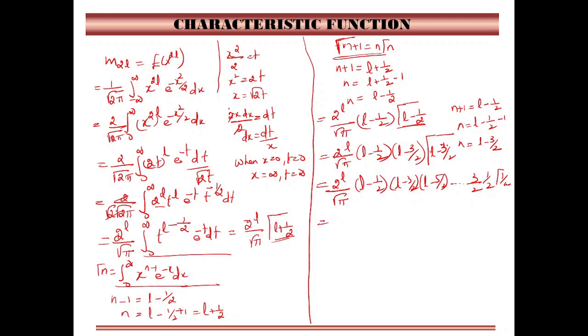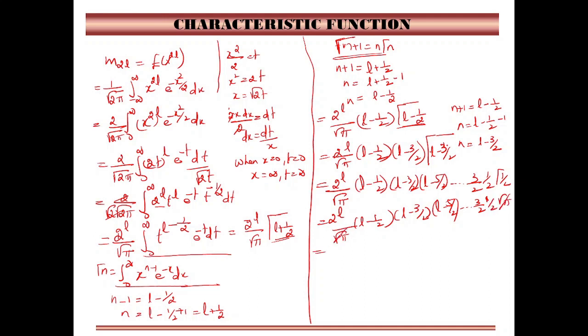This gamma 1 by 2 is root pi. So root pi, l minus 1 by 2, l minus 3 by 2, l minus 5 by 2 and so on, 3 by 2, 1 by 2, root pi.